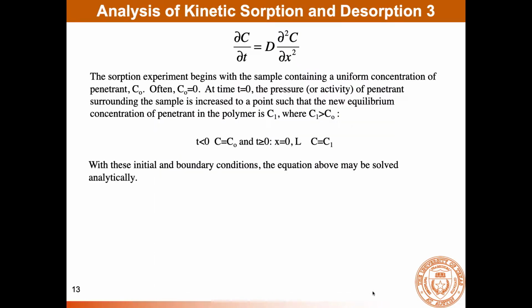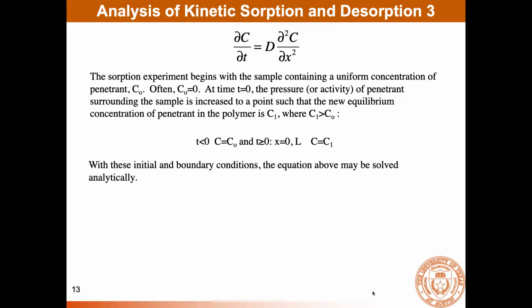So coming back to the absorption experiment, the governing differential equation is shown here. It's a partial differential equation. We need two boundary conditions in x and one in time in order to solve it. And so initially we would typically start with a sample that had a uniform concentration of penetrant, C0, although that doesn't have to be the case.